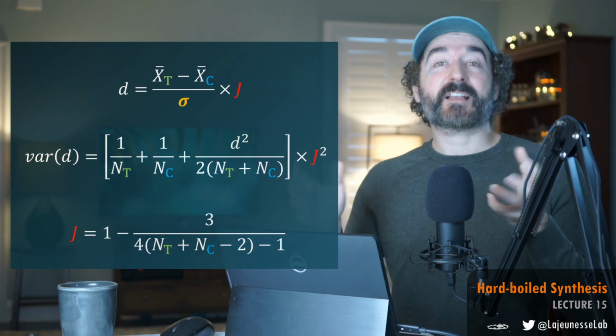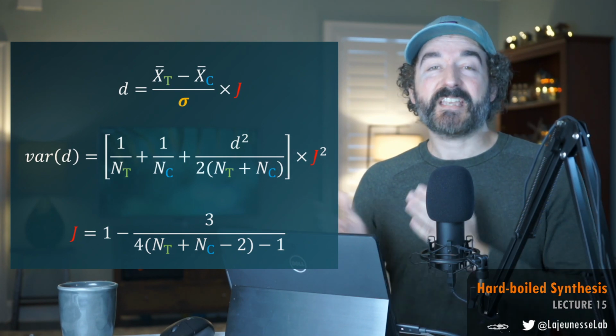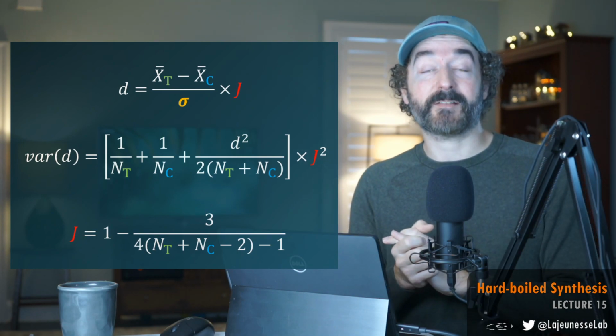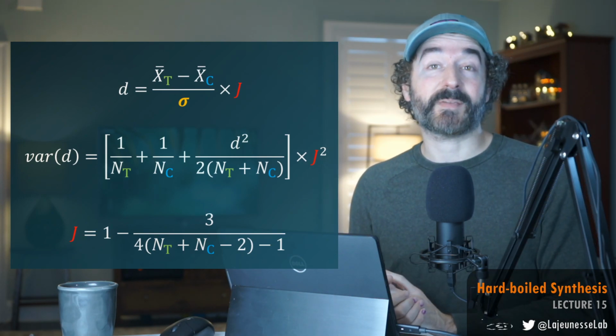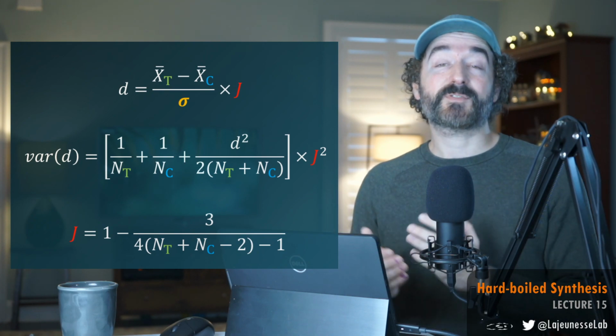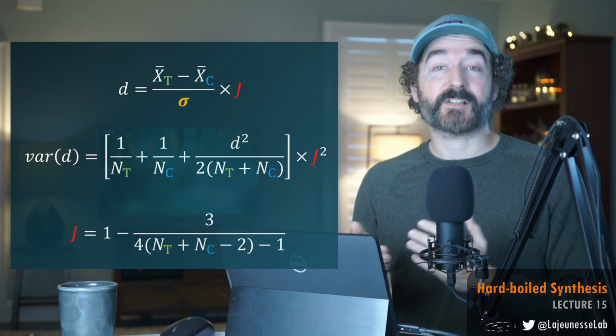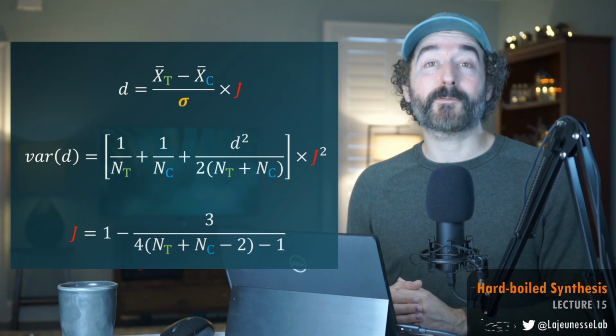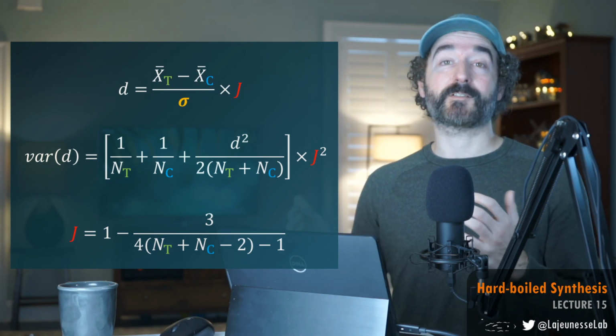This corrects for some of the issues associated with this standardized difference type effect size when it tries to estimate an effect. When the sample sizes are small, when a study has a small sample size, the effect may be an overestimate of the true underlying effect.